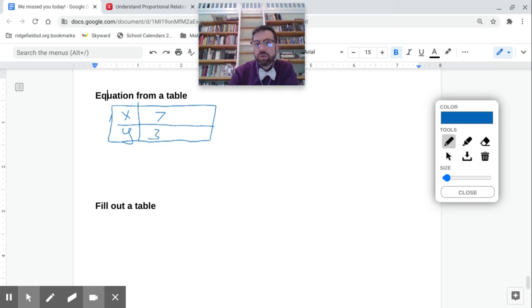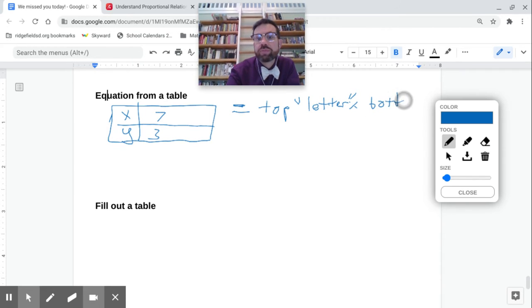So the equation from a table: top letter times bottom number equals bottom letter times top number.